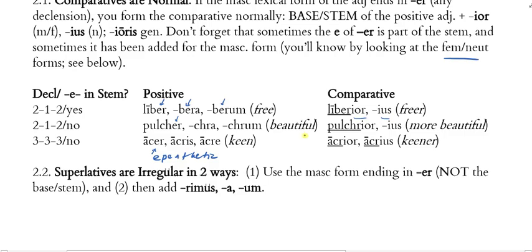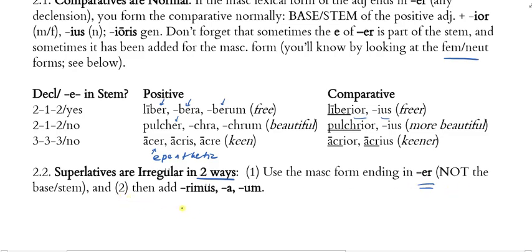Now, with these types of ER adjectives, the superlatives are irregular in 2 ways. Number 1, to form the superlative of an ER adjective, use the masculine form ending in ER, not the base or stem. So here it doesn't matter whether E is really part of the base or stem or not. We're going to use ER regardless.